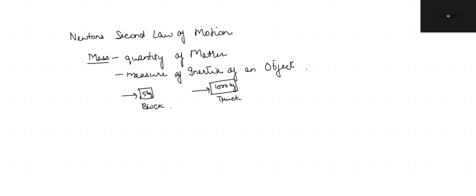So a truck has more inertia than the block, and very much greater force is required to change the truck's velocity. So mass is the measure of inertia of an object.